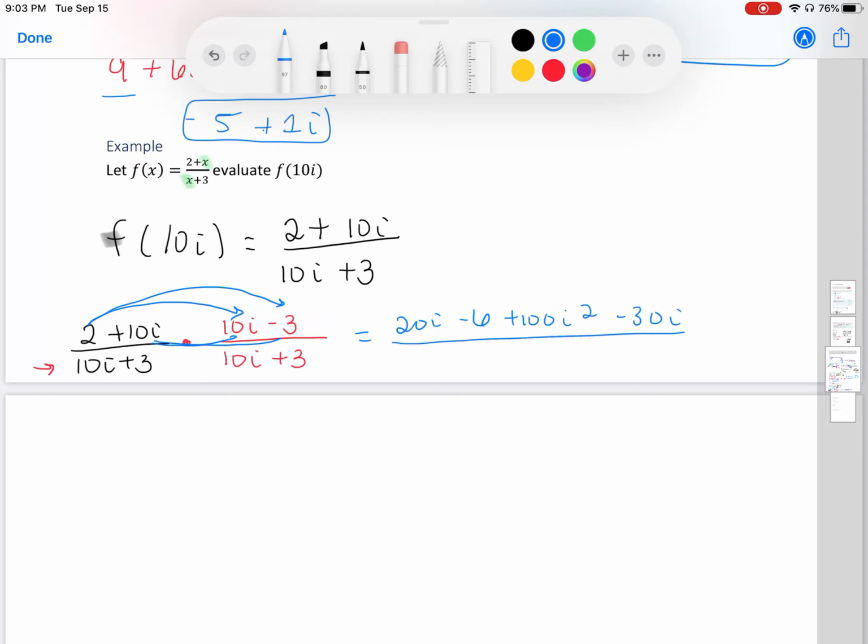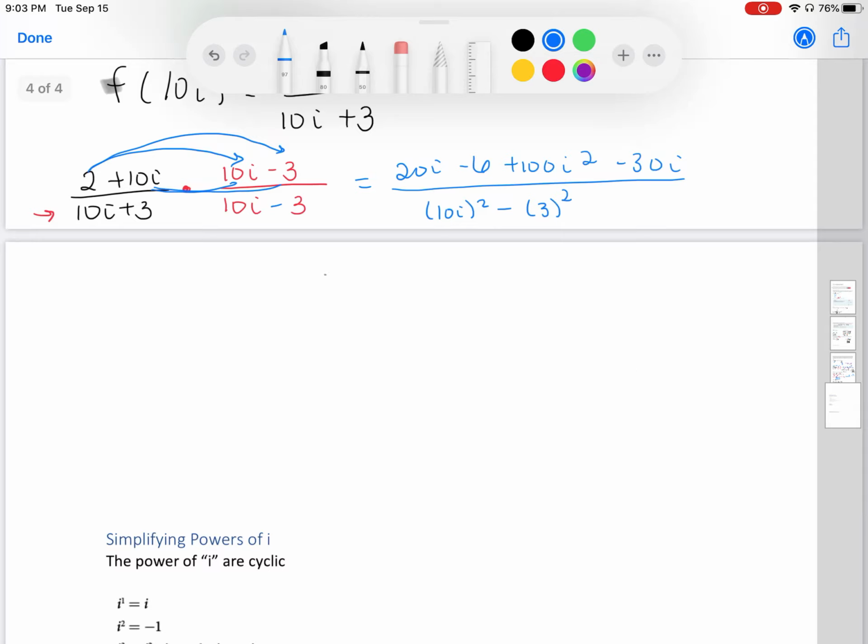All right, in the denominator, we know that should have been a minus, not a plus. In the denominator, we know it's going to be the first term squared minus the second term squared. So I have 10i squared minus 3 squared. Okay, let's clean this up.